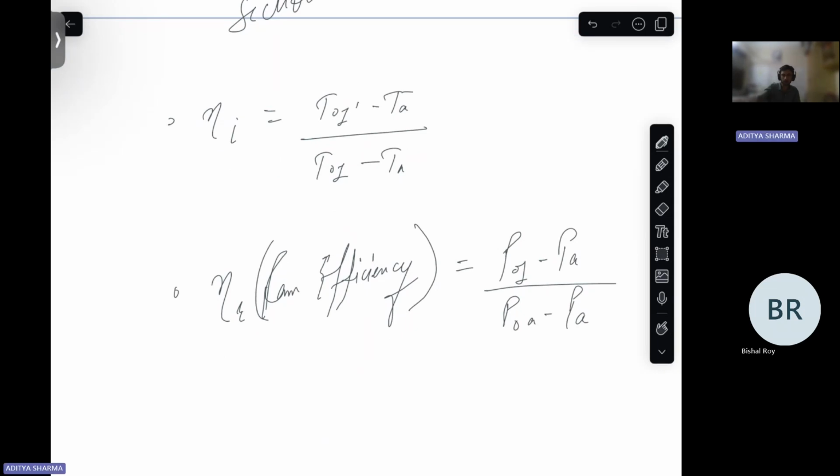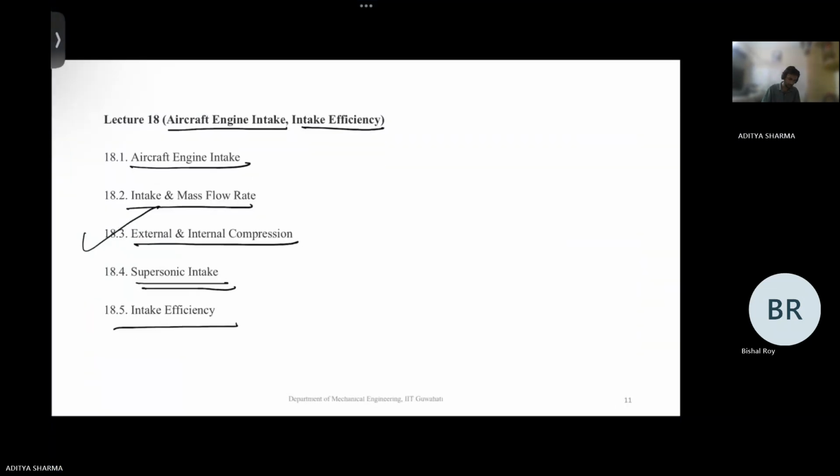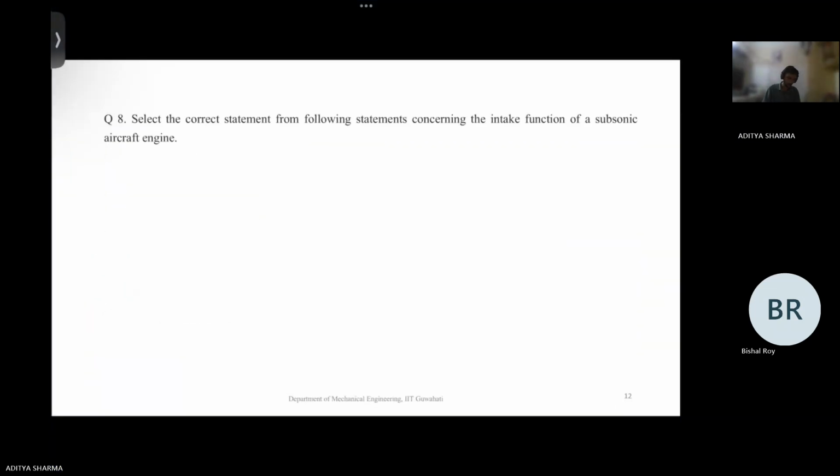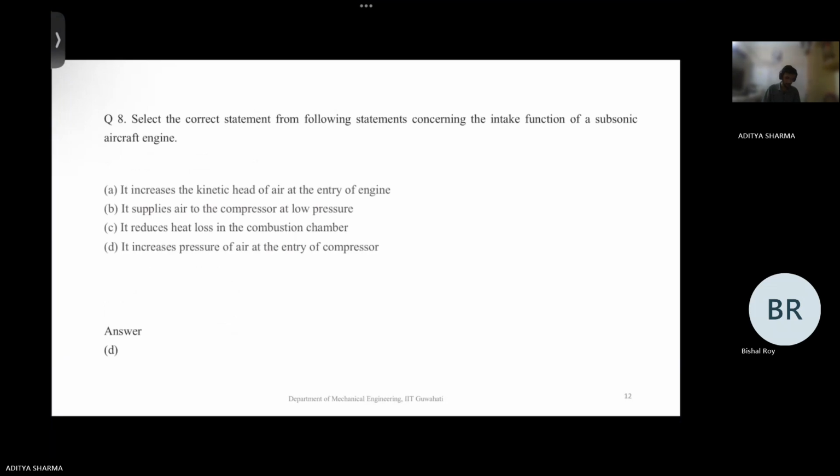This is your RAM efficiency. Then there are questions on this. I've made some mistake in preparing the slide. That is fine, but we can discuss this.